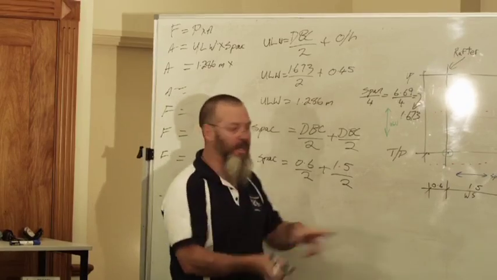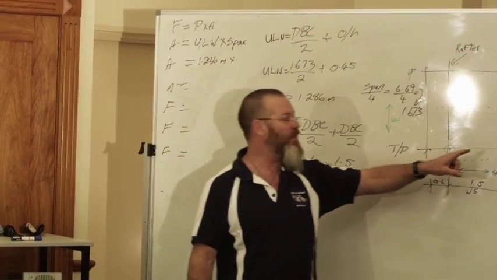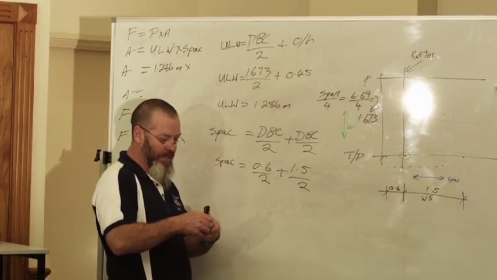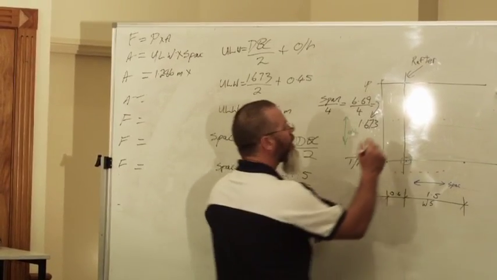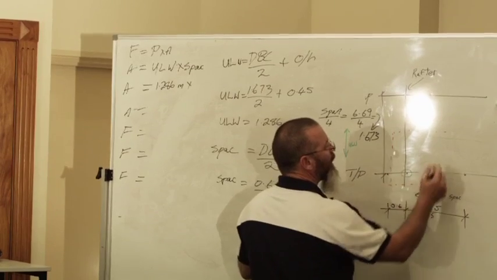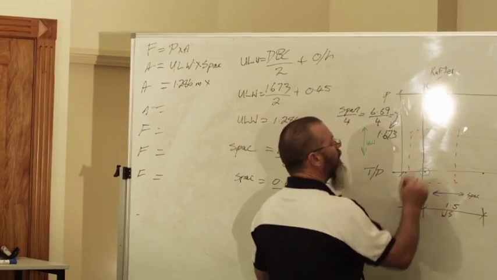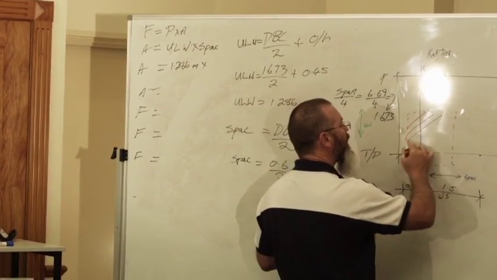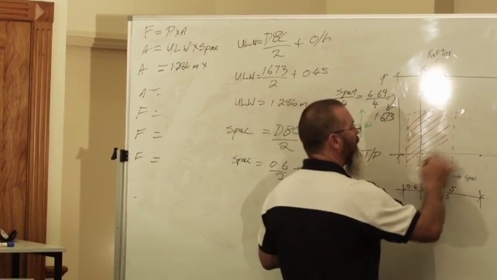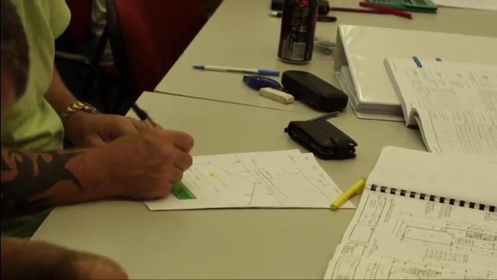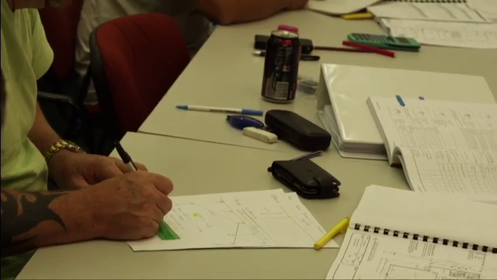So the lintel is connected at this jam stud and this jam stud. The formula is half the distance between connections plus half the distance between connections. So that is the tributary area contributing to uplift of the lintel stud plate connection. That's the tributary area there.